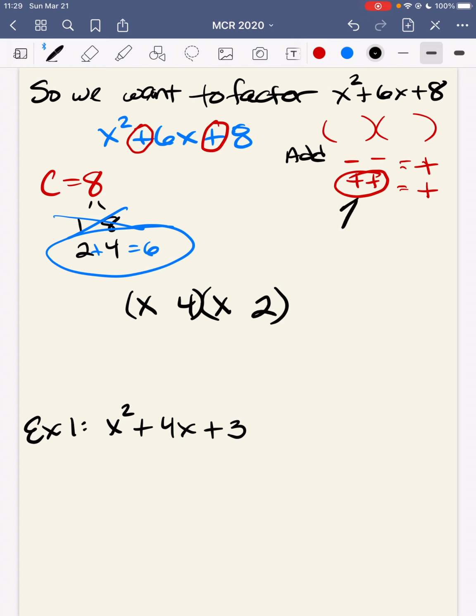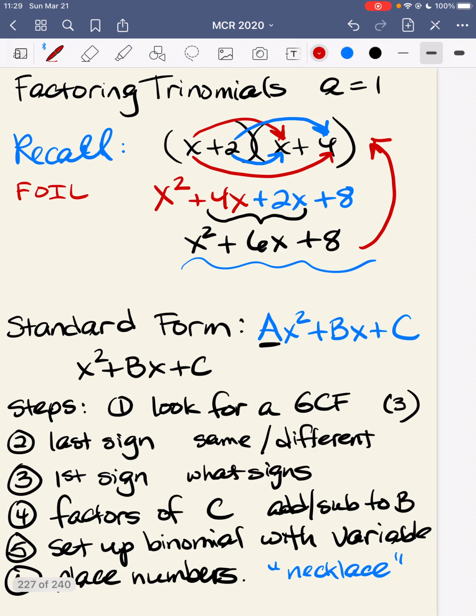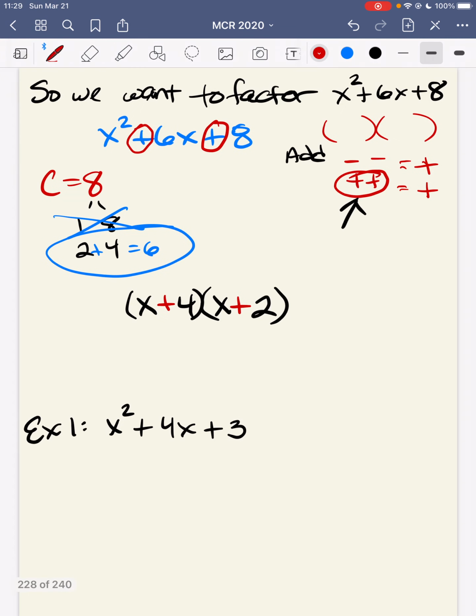And I know both my signs must be positive, because that's what I determined at the beginning. I should have the exact same binomials, maybe in a different order than I started off with, and if I look, I have x plus 2 and x plus 4. If I want to, I could FOIL this out, and I should get back to here. It doesn't matter whether the x plus 4 is first or the x plus 2 is first. You will end up with the same numbers.